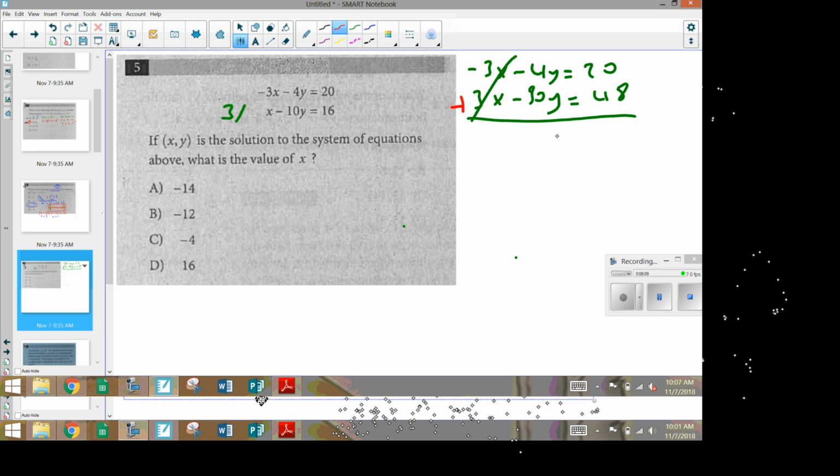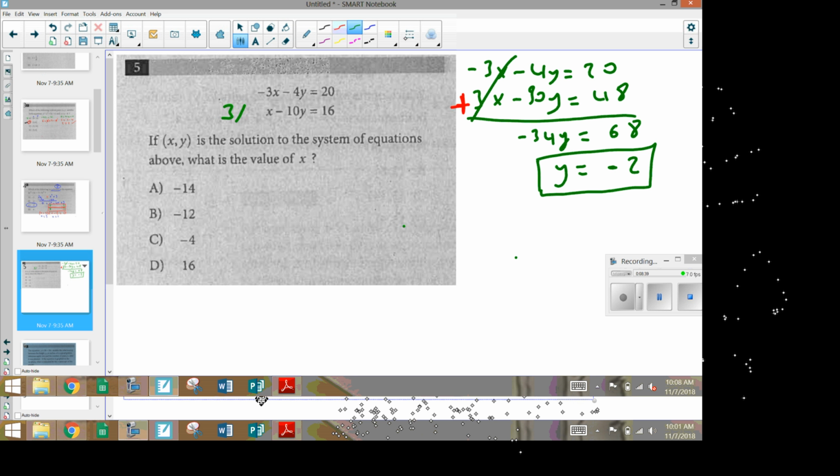So -34y is equal to 68. Divide both sides by -34. It's going to be y equals -2. Oh, it's not there, so we failed, right? Okay, skip the question. Don't waste your time. Next.